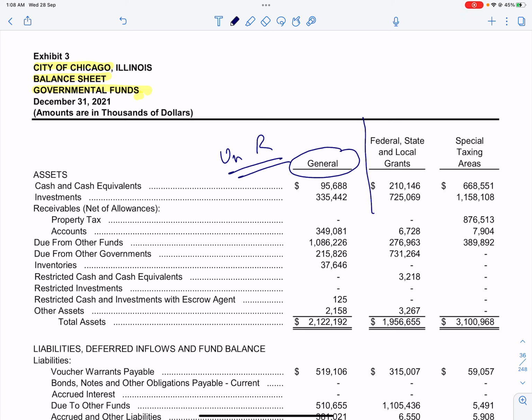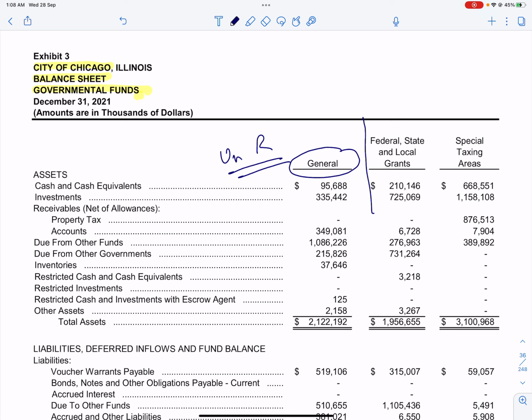So the government will not have just one special revenue fund or just one debt service fund or just one capital project fund. There may be several special revenue funds and there may be several capital project funds. Therefore, each fund will have its own set of financial statements, and the assets and liabilities for each fund will be recorded in these books.